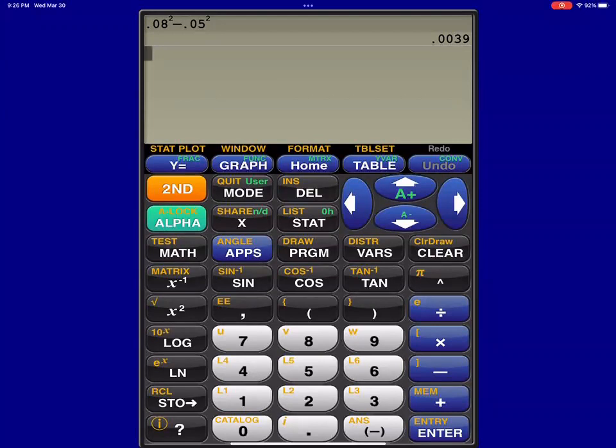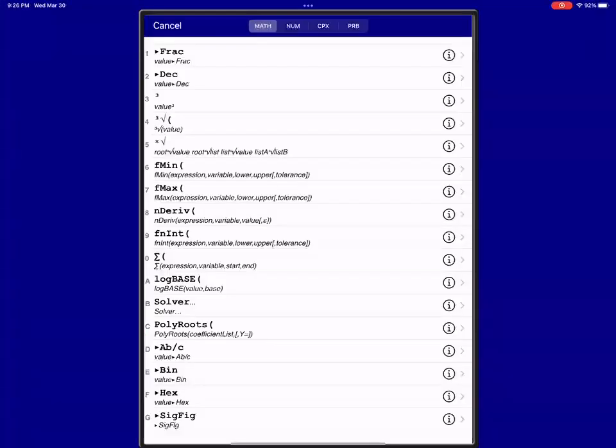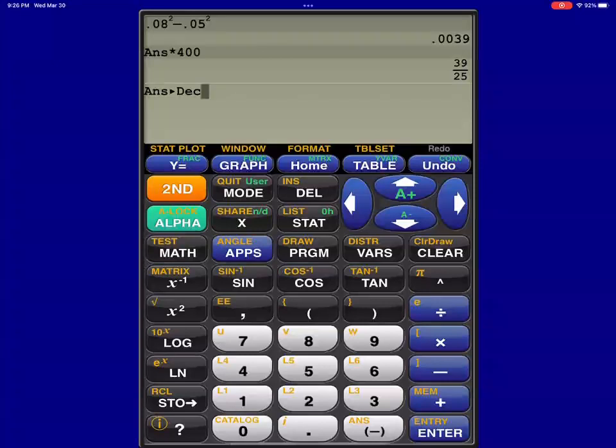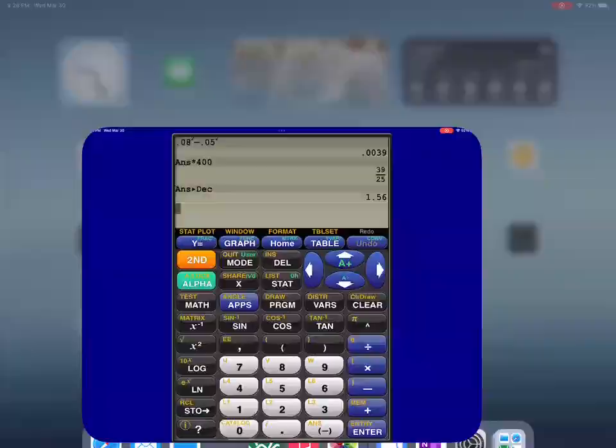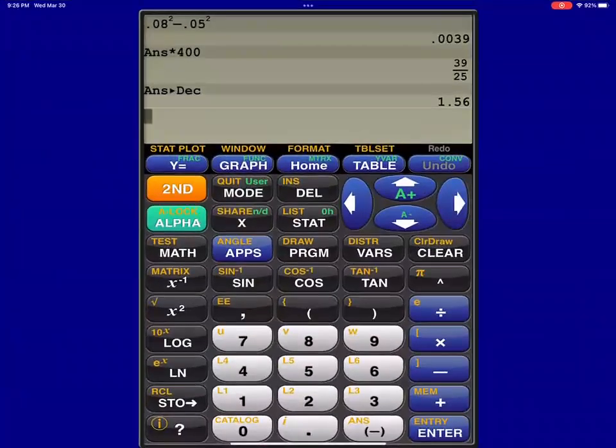Outside you have 400. So if I convert this to decimal, it becomes 1.56 joules.